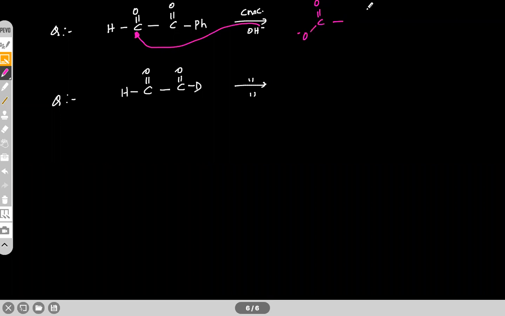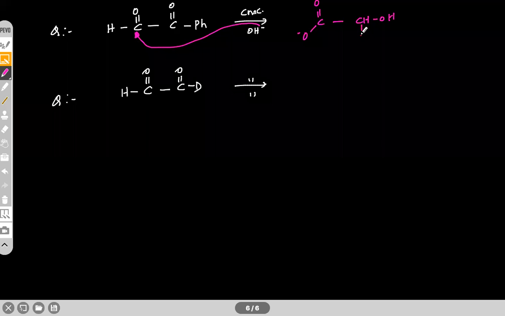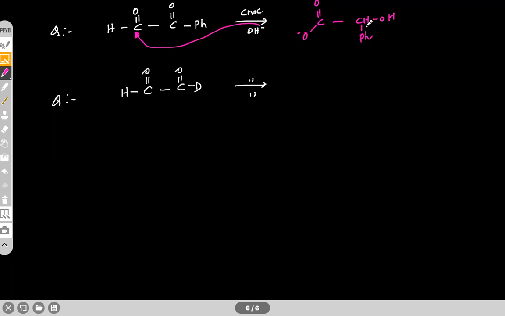The other part goes under reduction, so it is CH, OH, pH. This is the compound. Yeah, that is right. Correct.